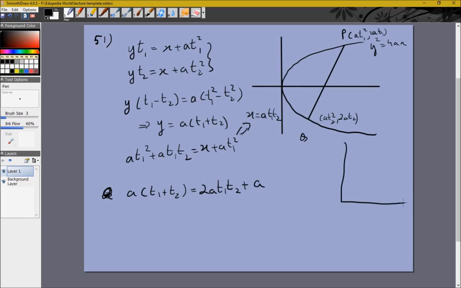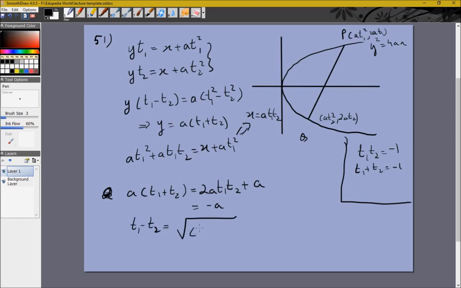One thing we already know is that if 2 points on a parabola are ends of a focal chord, then t1 t2 equals minus 1, and we can use that. So this is equal to minus a, which means t1 plus t2 is equal to minus 1 as well. What about t1 minus t2? We'll need that.